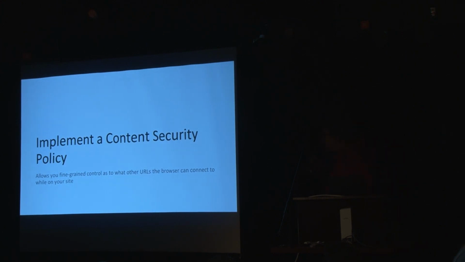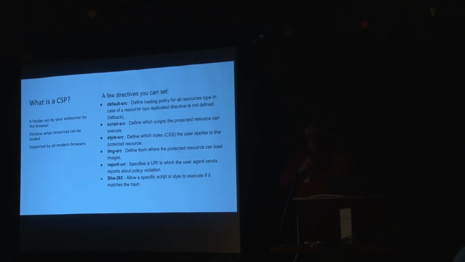So the best protection against getting these online skimmers injected into your site is to use a header called a content security policy. This gives you really fine-grained control over what you allow the browser to connect to when it's on your site. CSP is a header that you set in the web server, so Apache, Nginx, whatever.